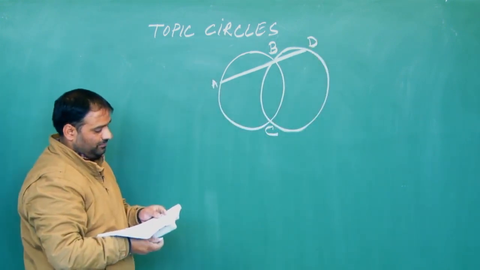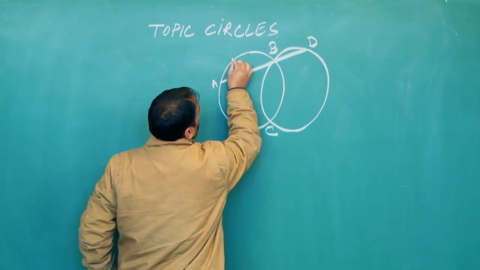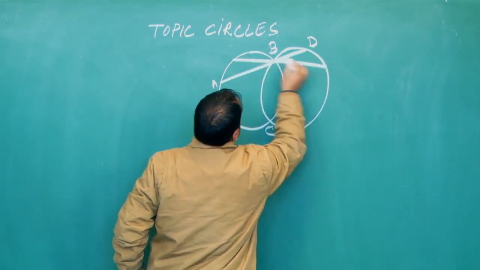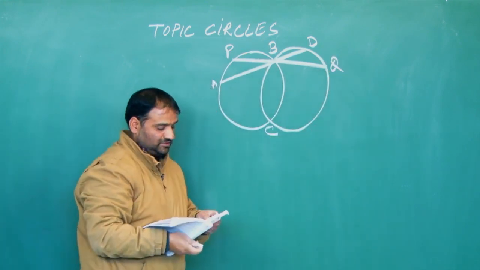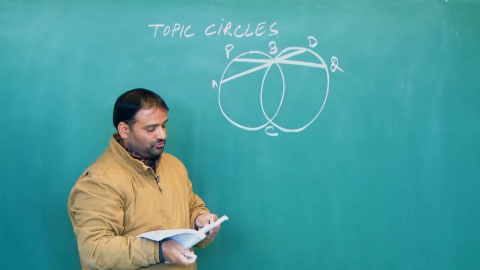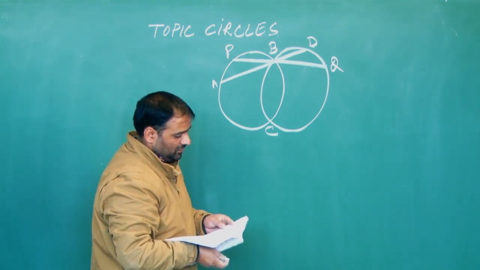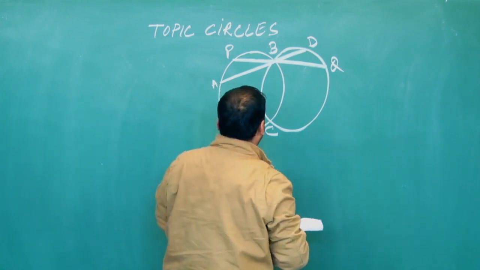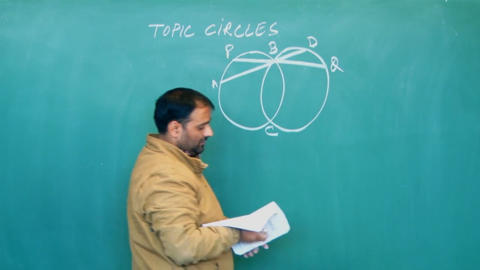And another PBQ. PBQ is this one. Another line segment, are drawn to intersect circles at A, D and P and Q respectively. This is A, P, D and Q respectively.